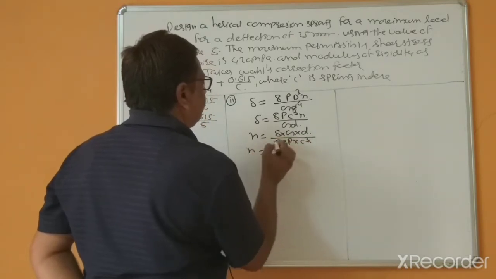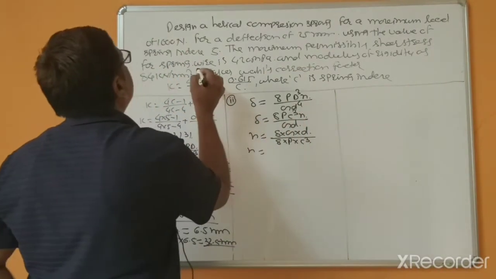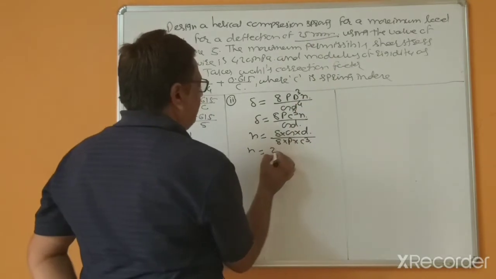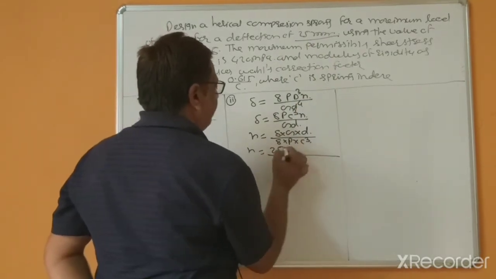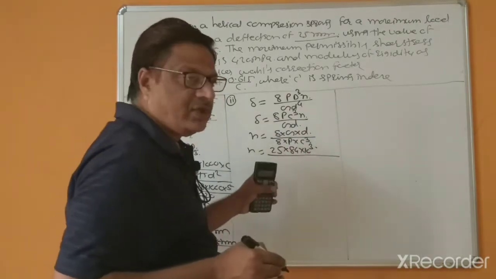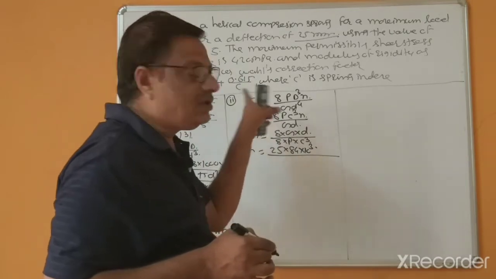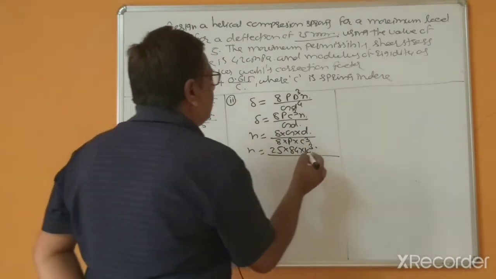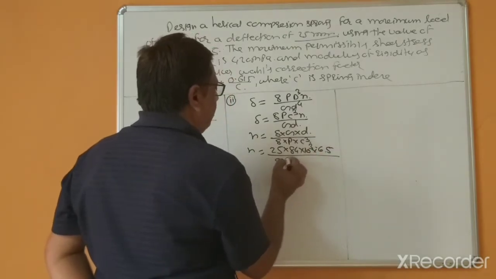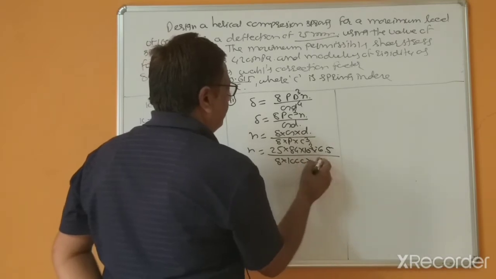That's why deflection equal to, now this maximum deflection is given for this problem, this is 25 mm. So that's why I put this 25 mm deflection, G 84 into 10 to the power 3, this is for convenience kilonewtons because this is kilonewtons per mm squared. So for convenience Newton per mm squared multiplied by 10 to the power 3. Wire diameter 6.5, 8, P equal to 1000 and this is 5 cube.